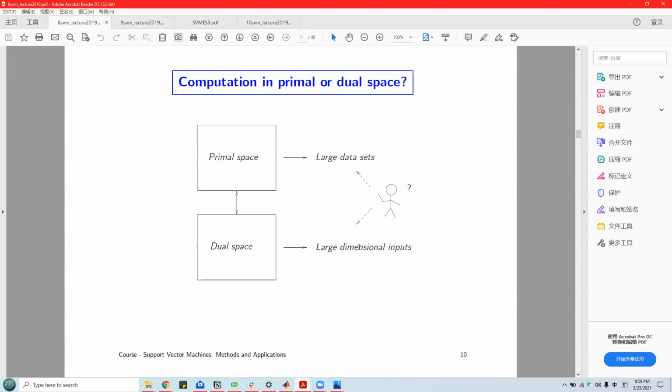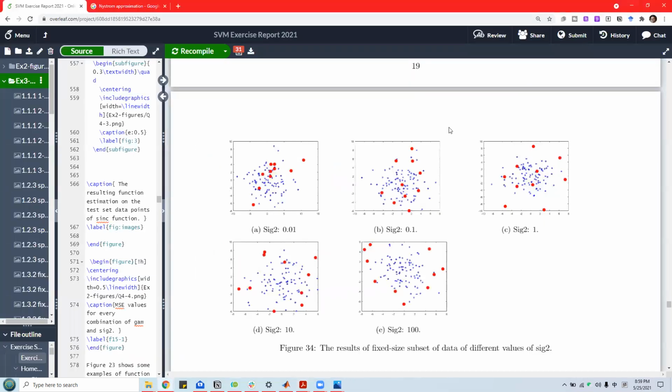It's just based on the choice of your kernel. Also, because you don't have so many data points, the number of alphas you need to compute is very small. So you prefer this large dimensional input in the dual space.